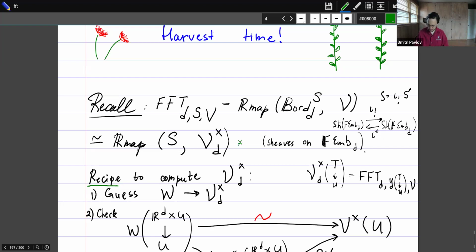So it can be computed as the derived mapping simplicial set from S is iota shriek S prime, so you can put S prime here and move iota upper star to the right side, onto V^D. And iota upper star of V^D is basically the same V^D, but now as an unenriched presheaf.